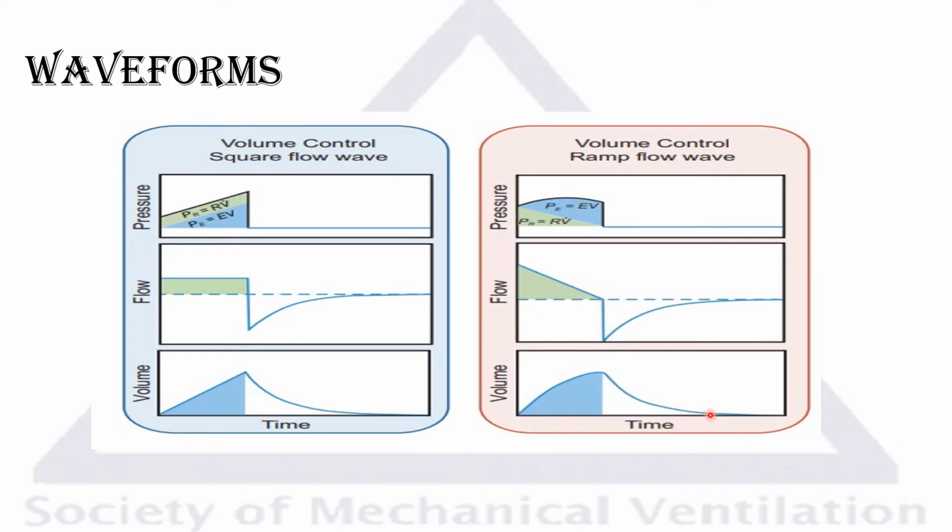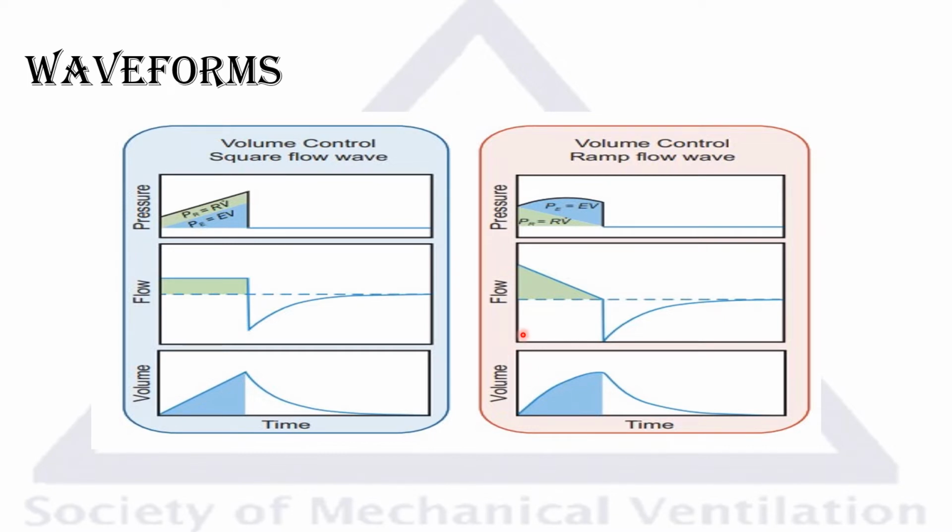So it's important again to know which of the flow waveforms you're using, because that will alter the airway pressure. It's not going to alter the tidal volume because the tidal volume is set by the operator here.